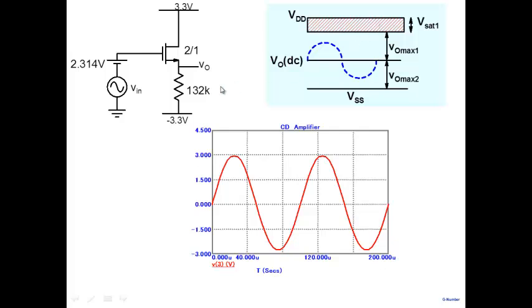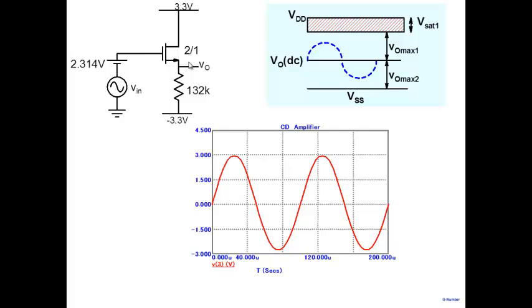So if I bias it, let's say, at around 0 volt, so let's say V0 is 0 at this point, and then we know if V0 DC is 0, and let's say saturation voltage is 0.5, then the maximum output voltage swing can be 3.3 minus around 0.5, which is around 2.9. And the lower side is not causing any limitation here. So that's coming from keeping the transistors in saturation region.